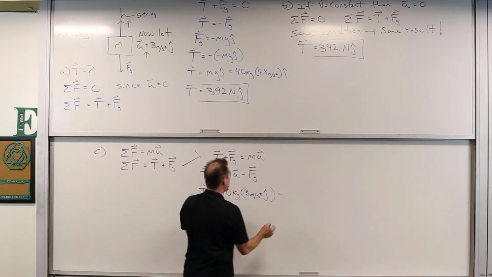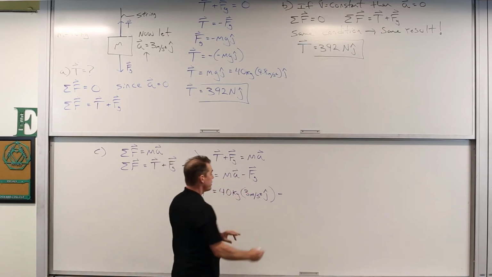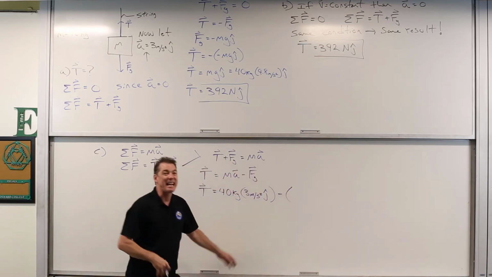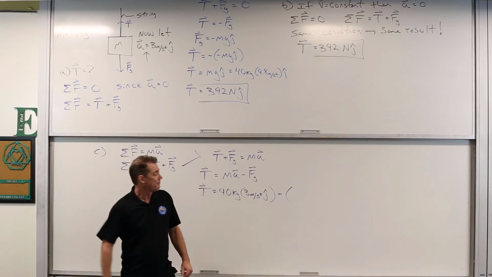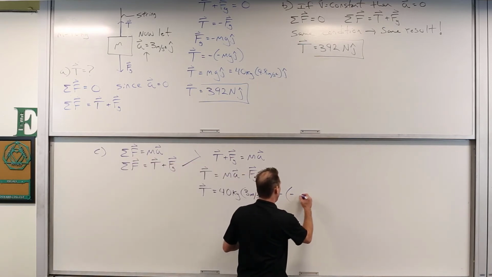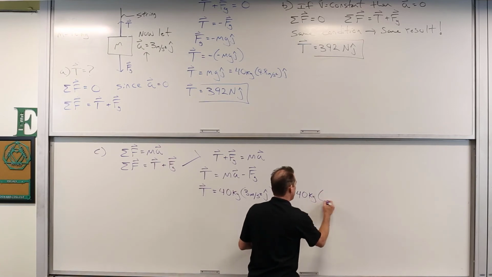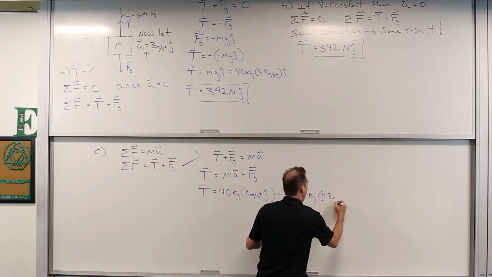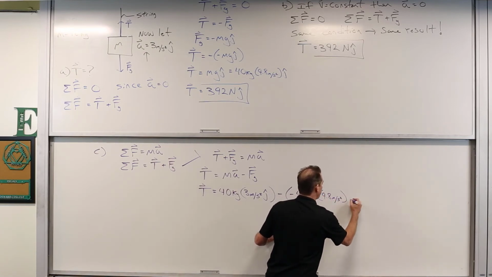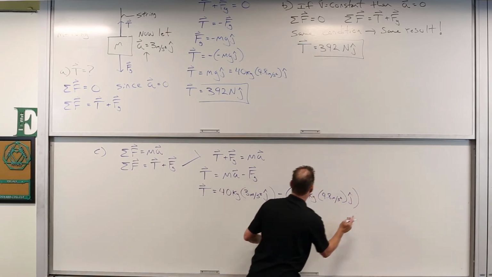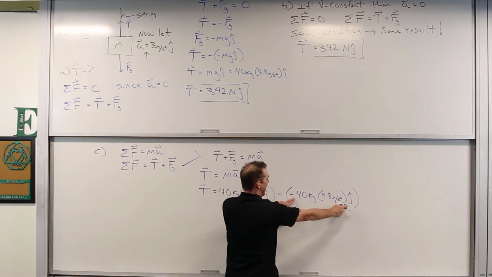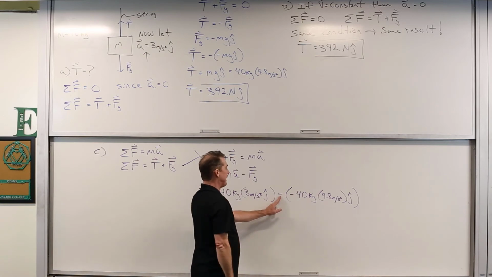And then we've got minus F sub G hat. Well, F sub G hat itself is negative mg J hat, right? So I'll put that in: negative 40 kilograms times 9.8 meters per second squared J hat. So negative mg J hat, expanded out, and it's minus that.